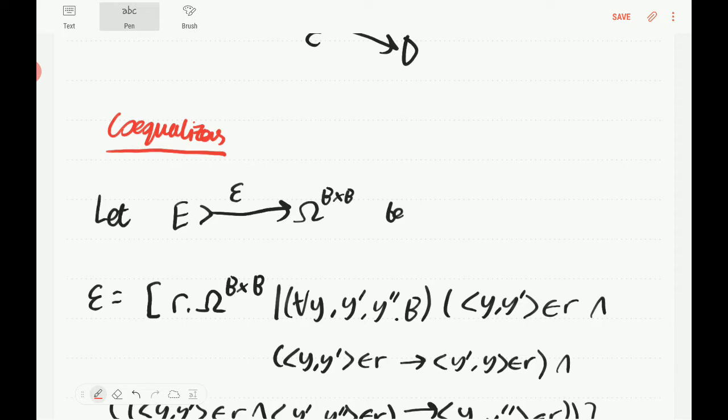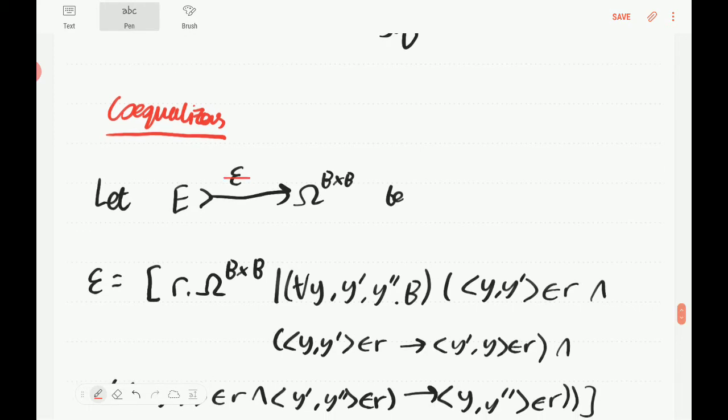So how do we construct co-equalizers more in general? Well, what we can do, we can define a sub-object epsilon of omega to the power of B times B. So it's essentially like a sub-object of this object of relations, if you like.